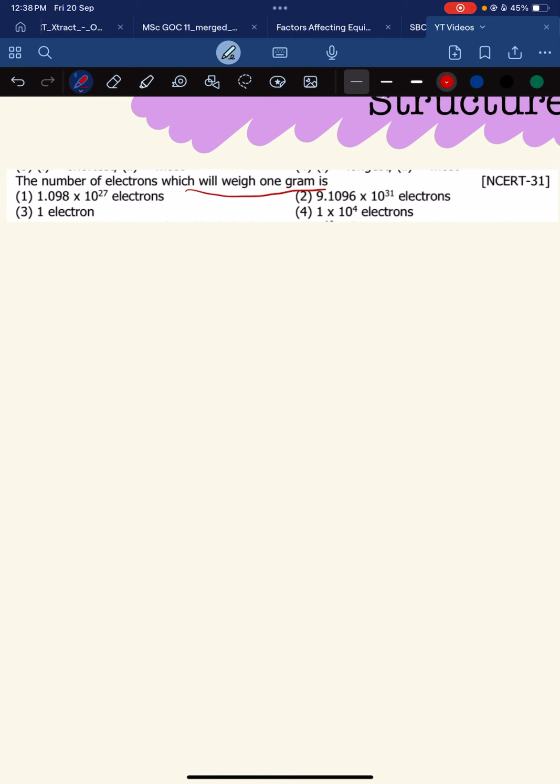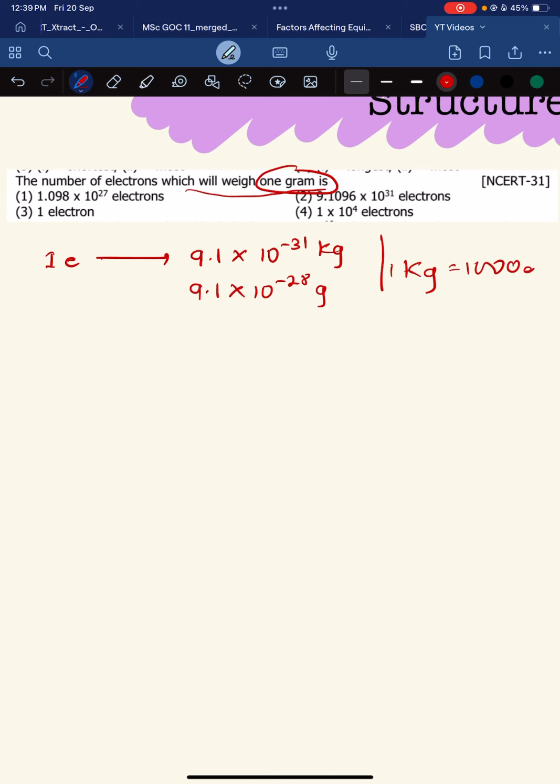We know one electron weighs 9.1 into 10 to the power minus 31 kg, but the question is in terms of gram, so let me write it as 9.1 into 10 to the power minus 28 gram, because 1 kg is equal to 1000 gram.